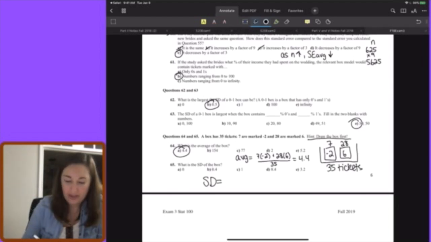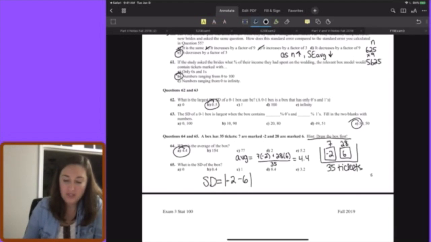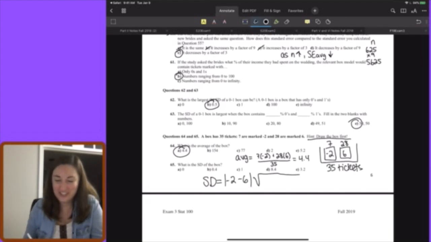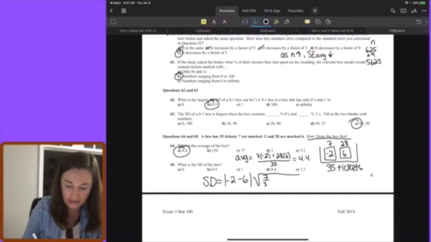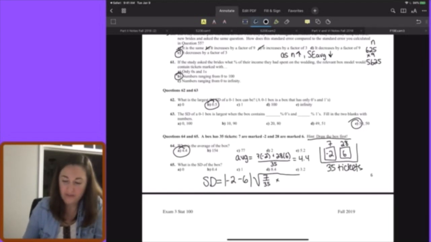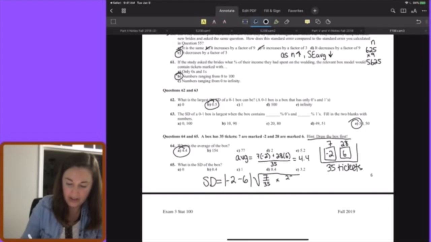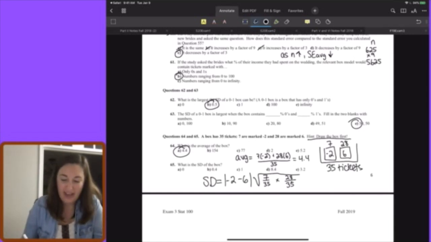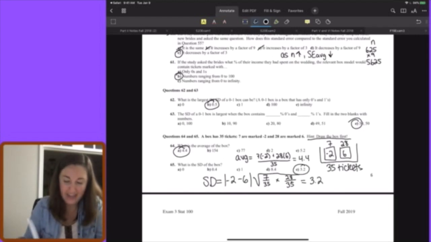The formula is just the absolute value of a minus b, so -2 minus 6, times the square root of the fraction of -2, so that's 7 out of 35, times the fraction of 6s, which is 28 out of 35. So I have the absolute value of -8, so 8 times that square root, and that should be about 3.2.